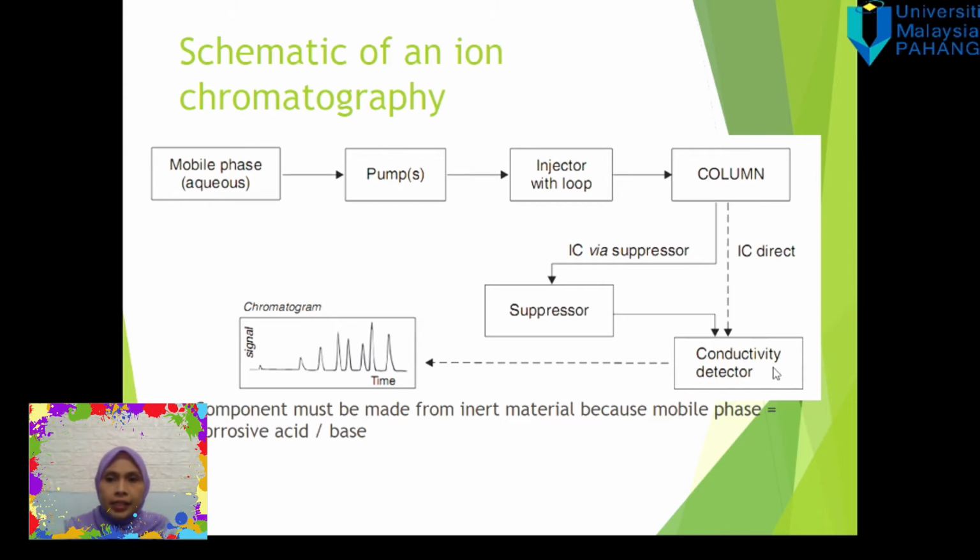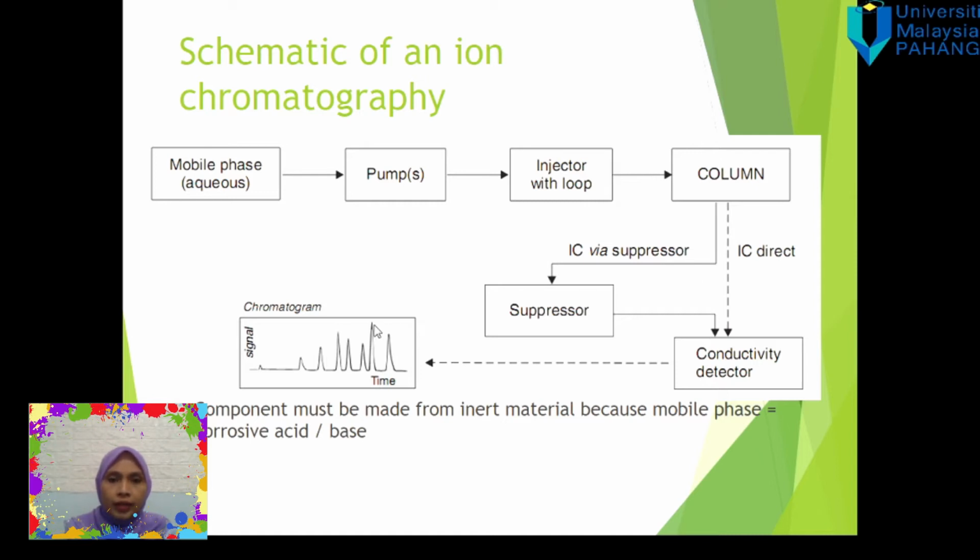The difference here is that it can be via a suppressor or can be direct. The difference from other chromatography like HPLC is that the detector is based on the electrical conductivity of the ions. For the HPLC, they use the PDA, which is in the UV light range.